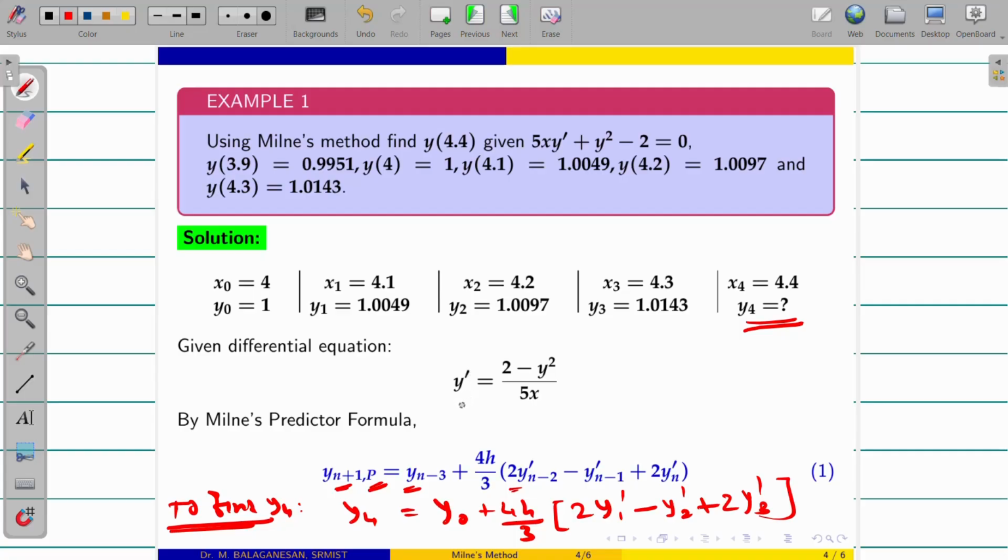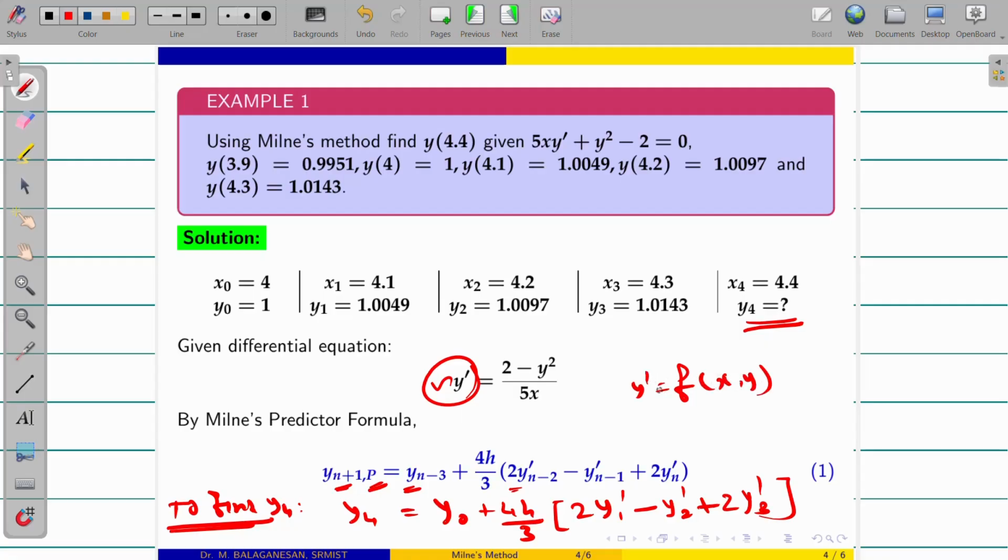Y1 dash we have done like in the Taylor series. And one more clue I would like to give: in the fourth unit, the last topic is Milne's method, and the first topic is Taylor's. In both of those, whatever differential equation they are giving, you will consider that as y dash. But in other types like Euler's, improved Euler's, modified Euler's, which are not in our syllabus, and the RK method, we will take the derivative y dash as f of x comma y.